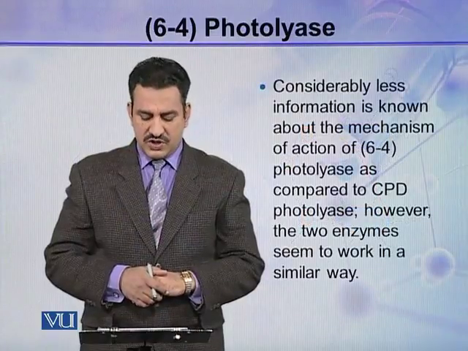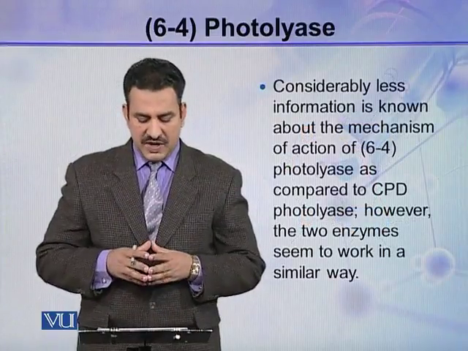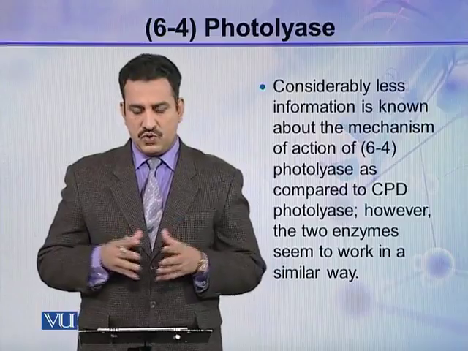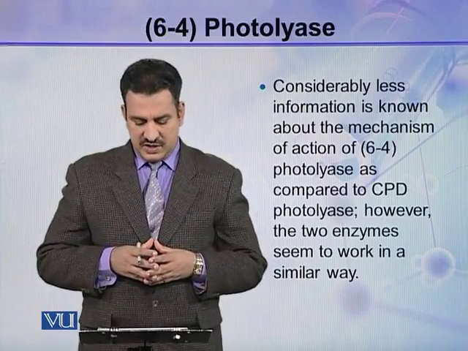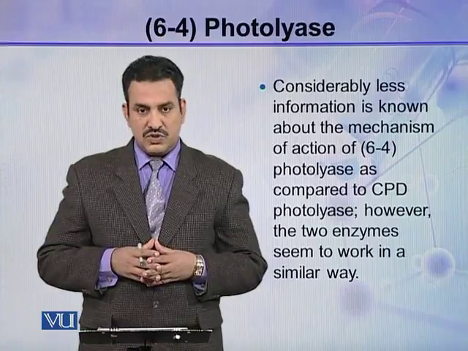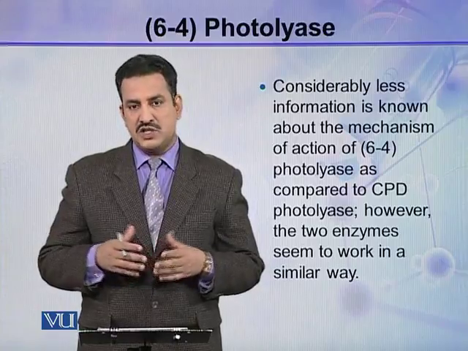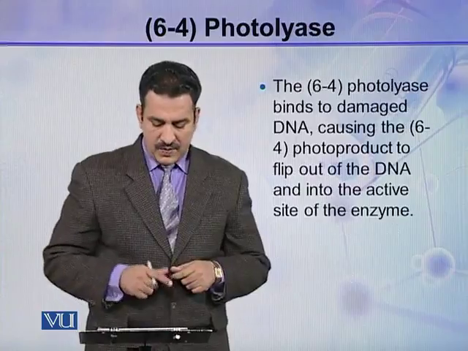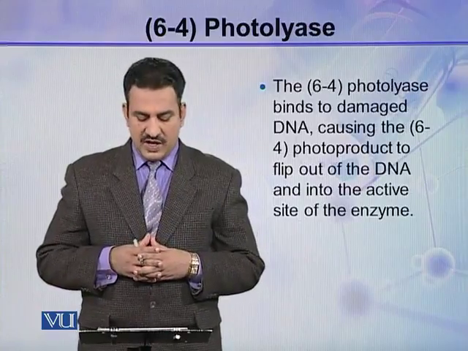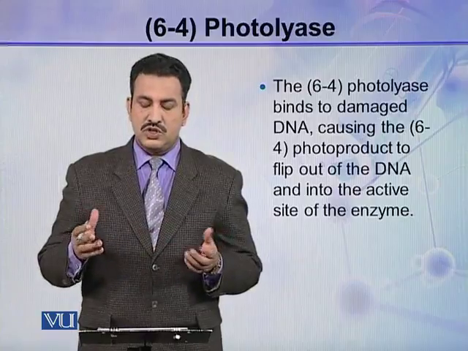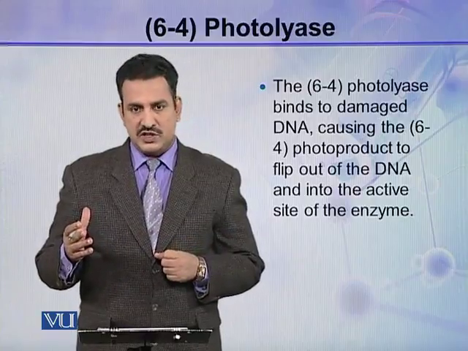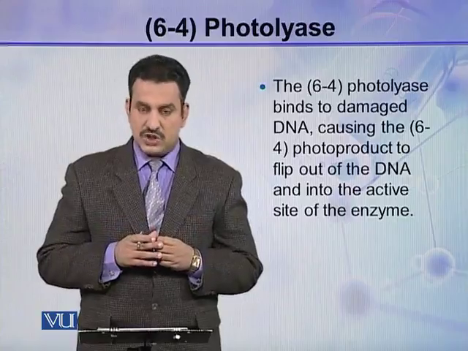Considerably less information is known about the mechanism of action of 6,4 photolyase as compared to CPD photolyase. However, the two enzymes seem to work in a similar way. The 6,4 photolyase binds to damaged DNA, as you know CPD photolyase binds to CPD.